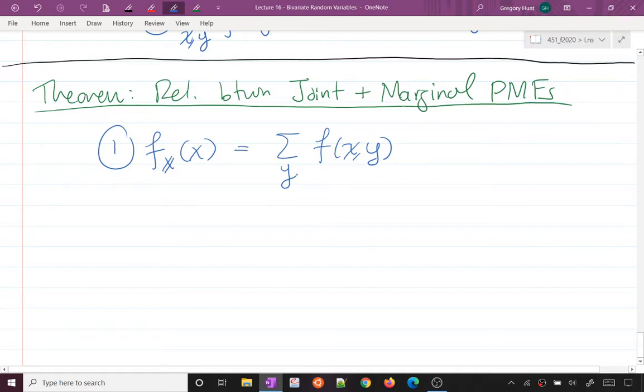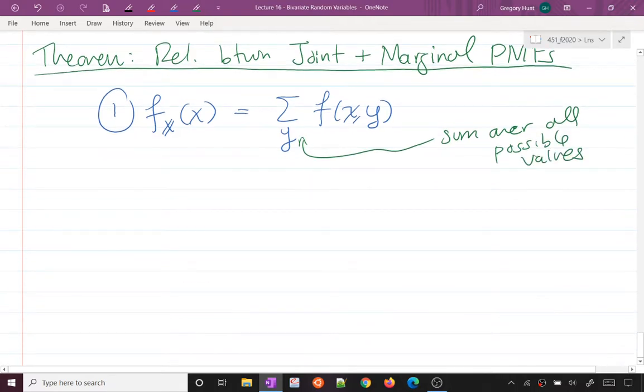So if I sum over all possible values, this is my lazy notation for sum over all possible values. If I take the joint and I sum over all values, fix X, and I sum over all values of Y, I get the marginal distribution, the marginal PMF of Y. And the analogous fact, not surprisingly, is if I want the marginal of Y, sorry, I said that wrong previously.